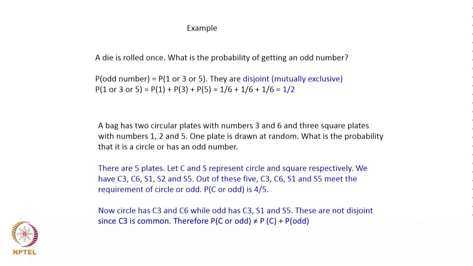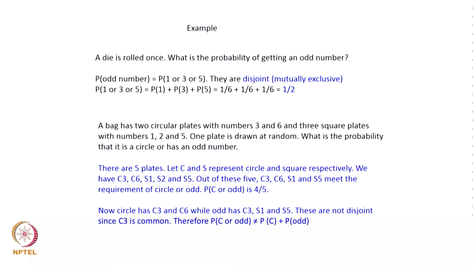Therefore, probability of C or odd is 4 by 5. Now, we realize carefully that the circle has C3 and C6 while odd number is C3, S1 and S5. These are not disjoint because we have C3 common in both. Therefore, probability of C or odd is not equal to probability of C plus probability of odd.